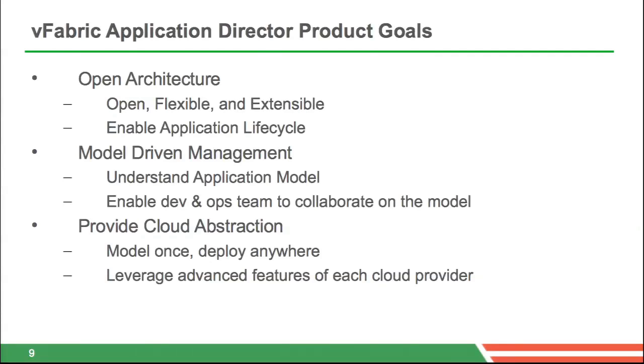We want to understand the application model. We want to enable dev and ops teams to collaborate on the model. That's part of that logical abstraction of your application. And a final thing is providing a cloud abstraction layer. Using that model, you can model once and deploy anywhere, and also leverage advanced features of each cloud provider when you do actually go to deploy.